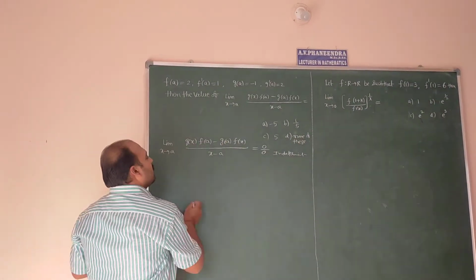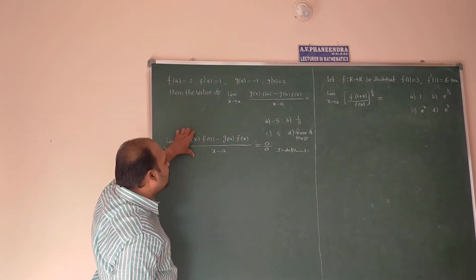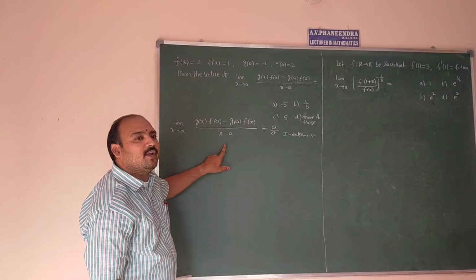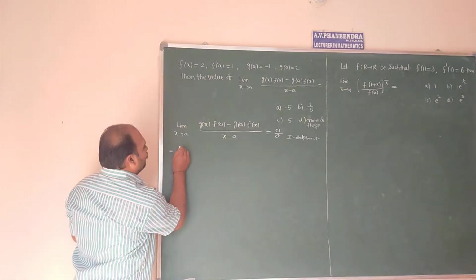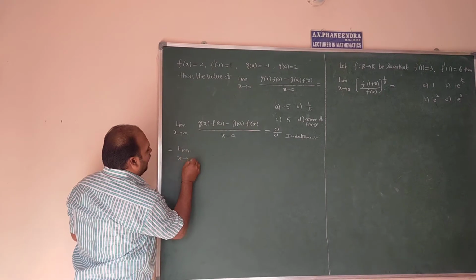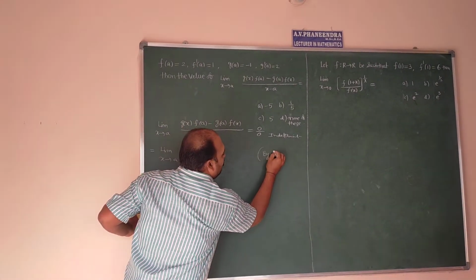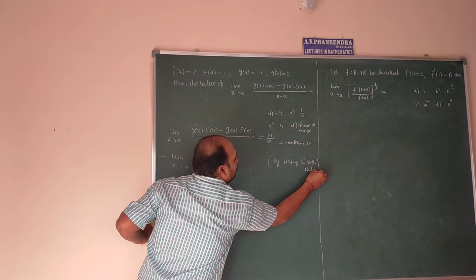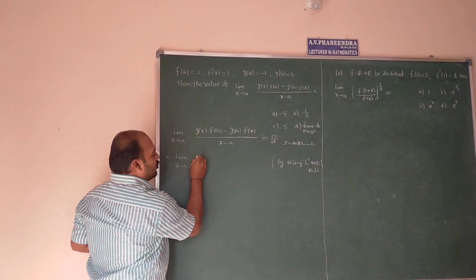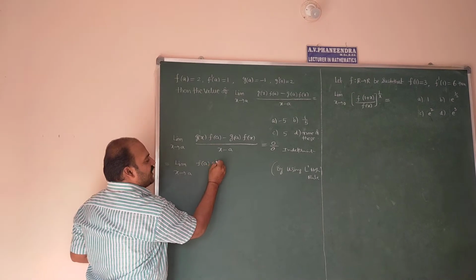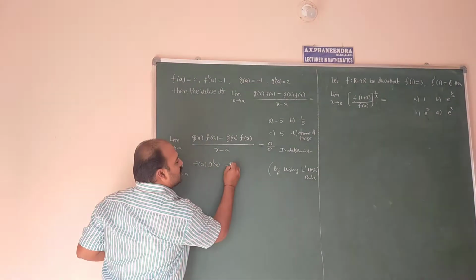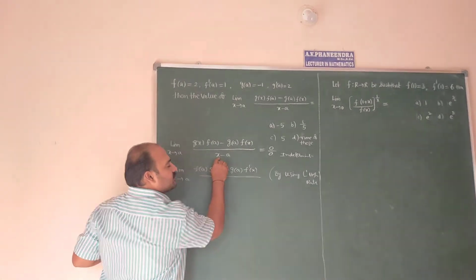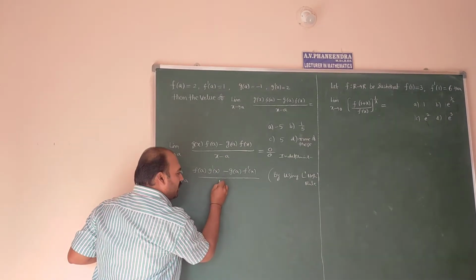L'Hospital rule means limit x tends to a, the function values are reaching 0 by 0, differentiate numerator as well as denominator and then apply limit. f of a is constant, g of x derivative is g dash of x, minus g of a is constant, f of x derivative is f dash of x, divided by x derivative is 1, constant derivative is 0, no need to write.